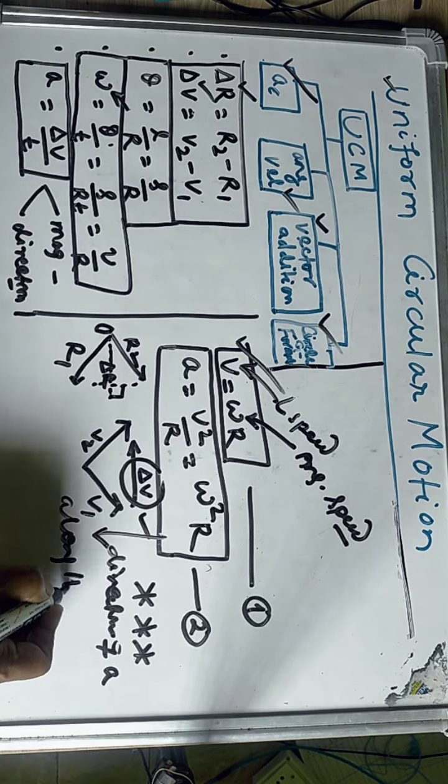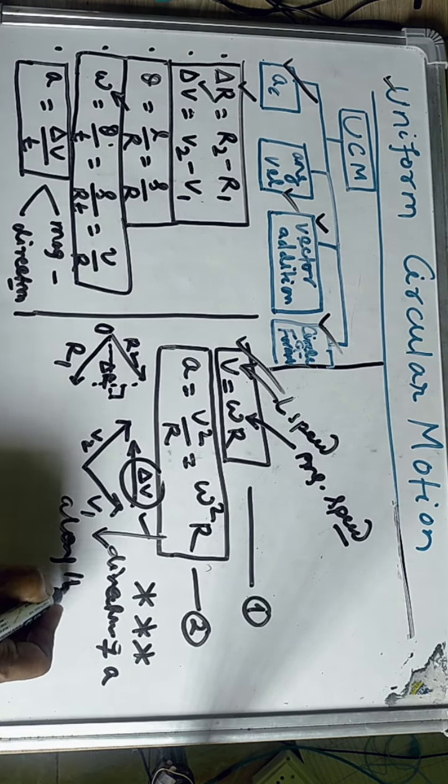Centripetal acceleration is towards the center along the radius. It is radial and directed towards the center.